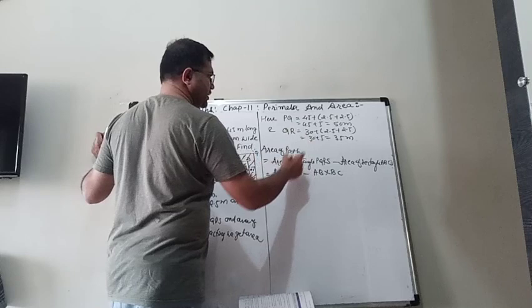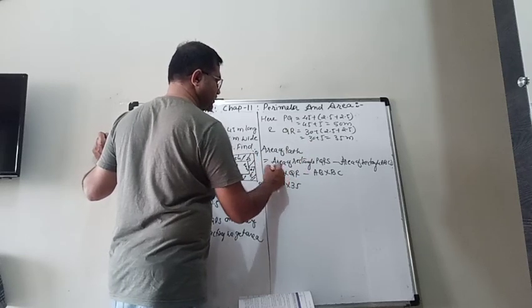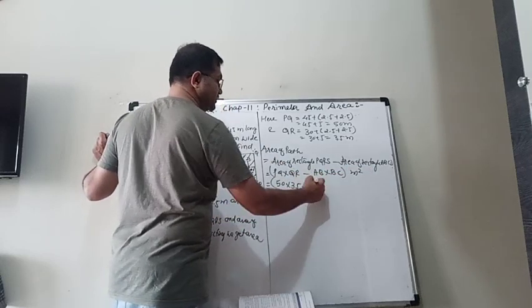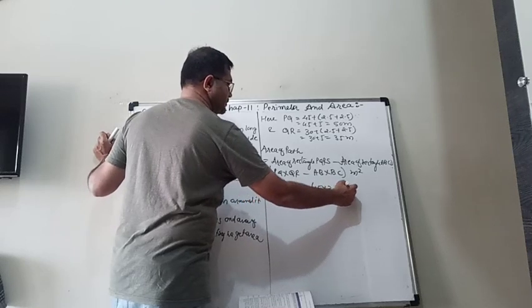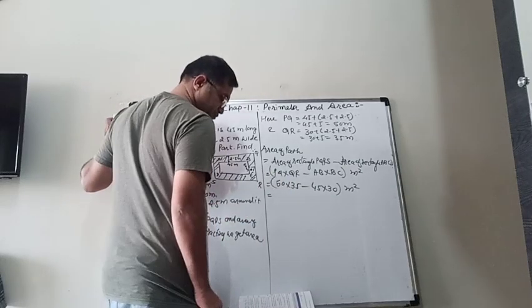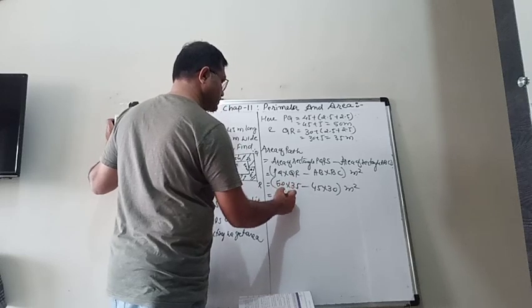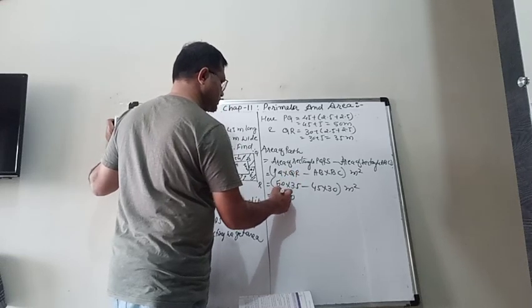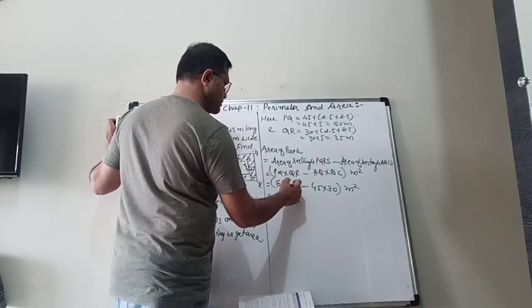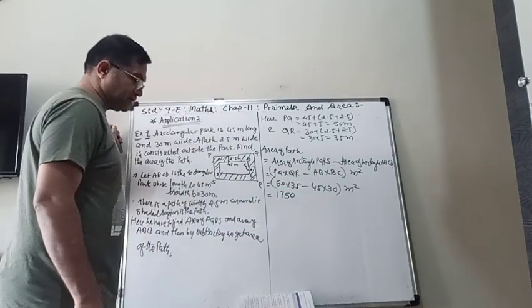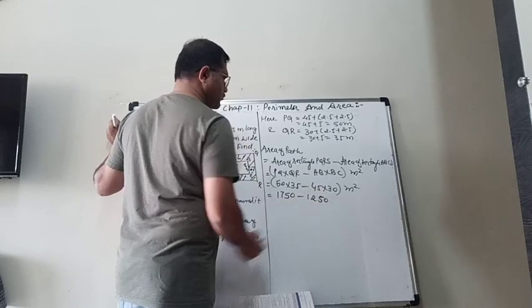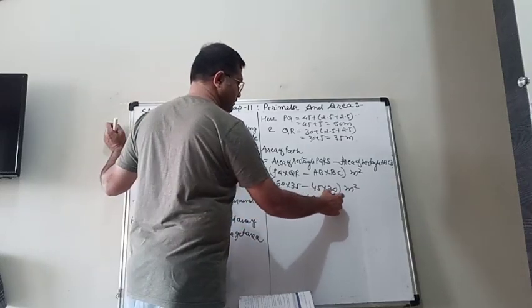So that is 50 multiplied by 35 minus 45 multiplied by 30. 50 multiplied by 35 is 1750 meters square, minus 1350 meters square.